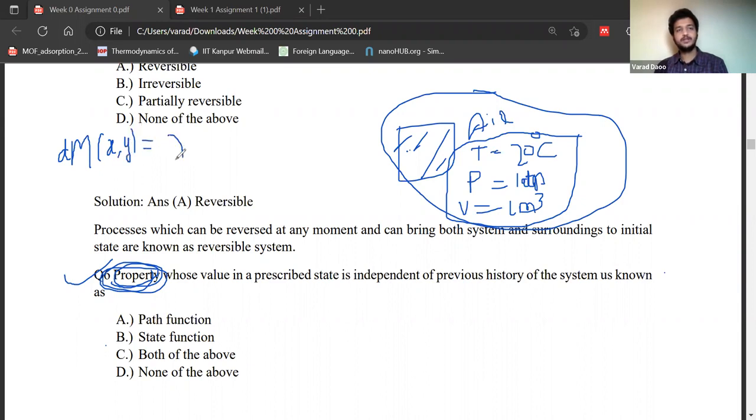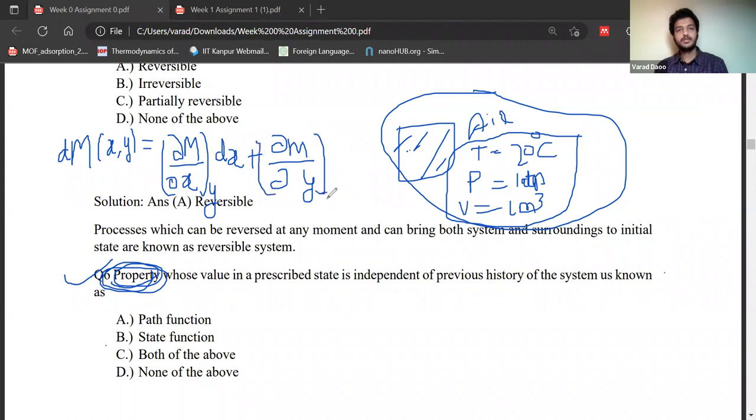So we can say dM is equal to del M by del x, so these are partial derivatives at constant y, dx plus del M by del y at constant x, dy.